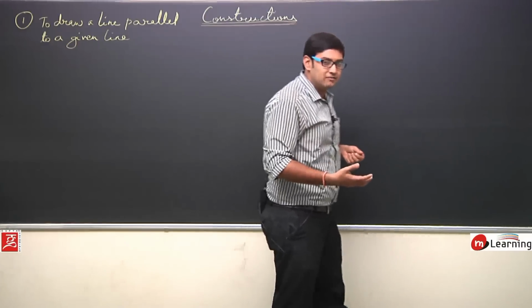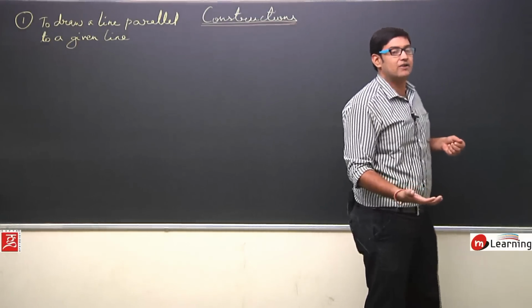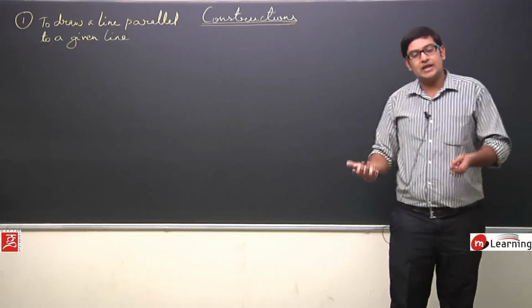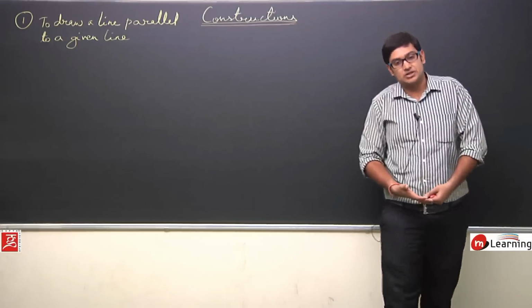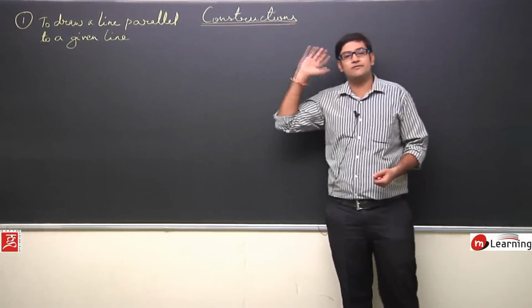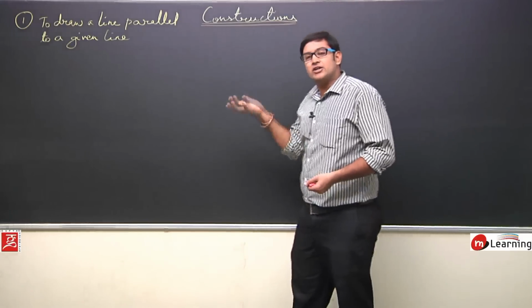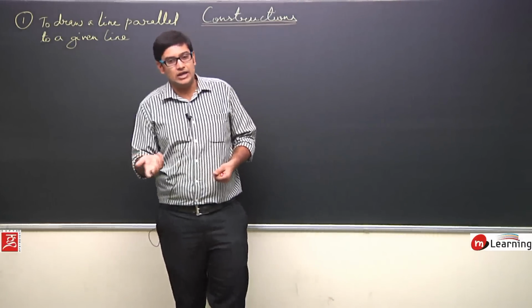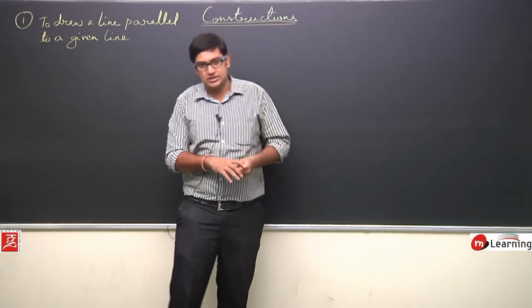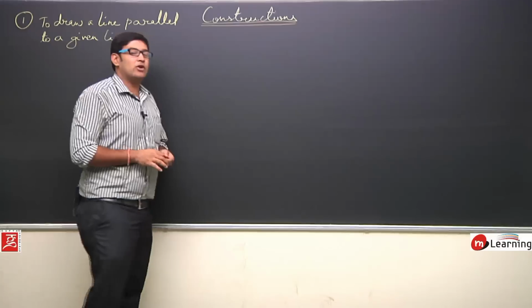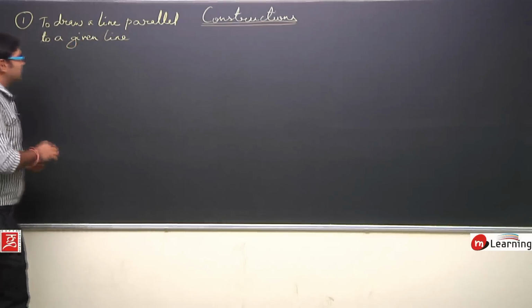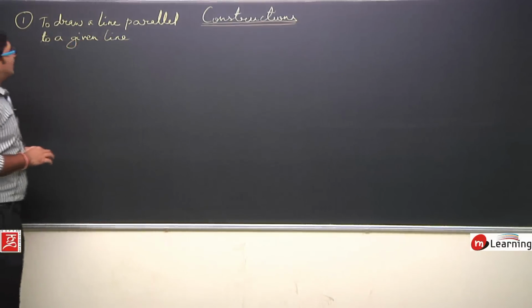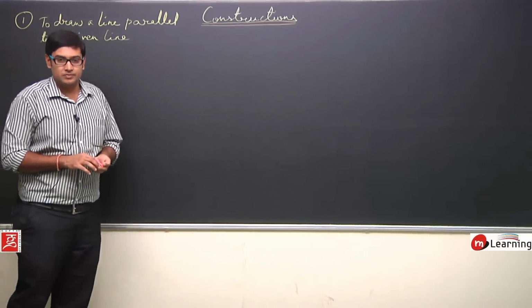If you know the reason why some particular steps are followed, then you may generate your own steps. You may find different methods, different ways, different algorithms to construct a similar case by using other methods. That's why we are going to see the reason as well. The first thing that we need to do is to draw a line parallel to a given line.